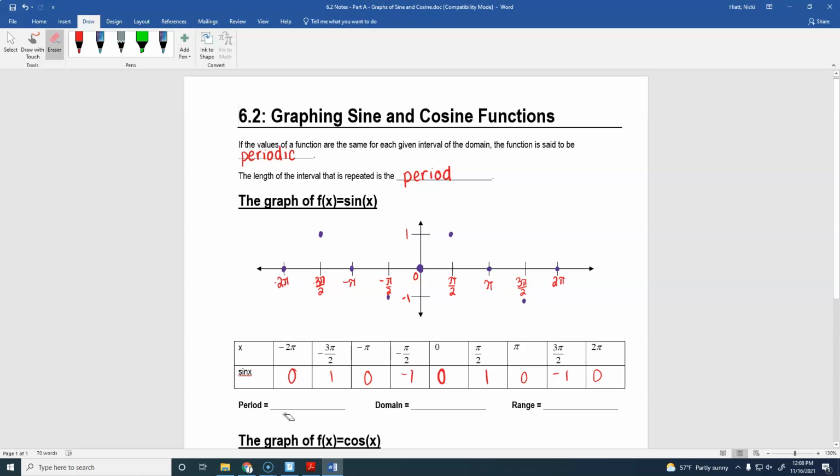You are putting in the sine of that angle. So not degrees, but sine of that angle. So like sine of 0, you're looking at the coordinates at that point, which is 1, 0, and you'll be finding sine, which is the y coordinate. So that's why sine of 0 is 0.